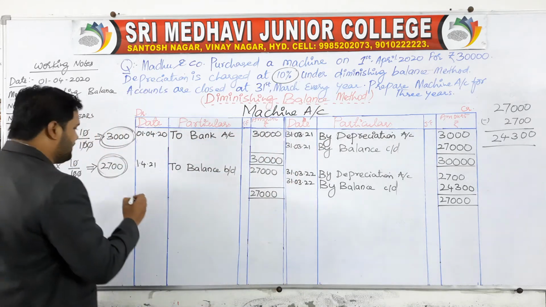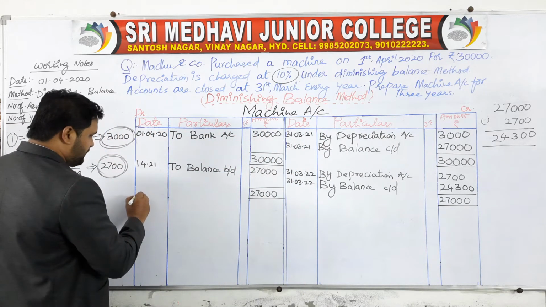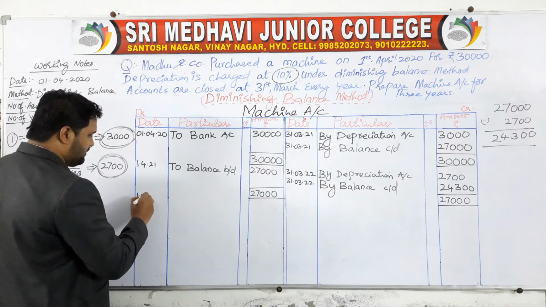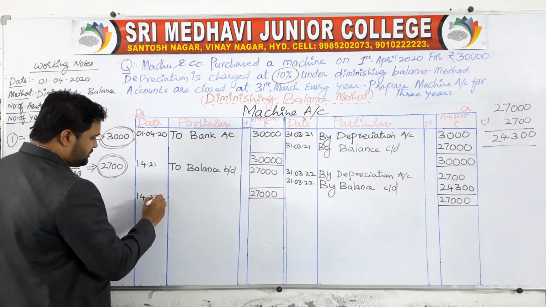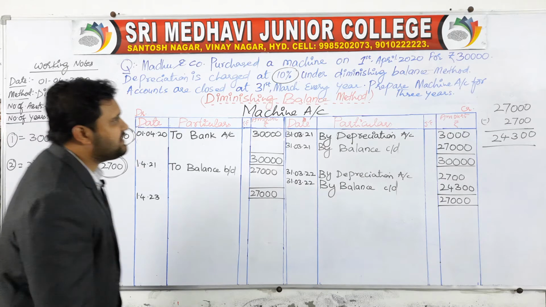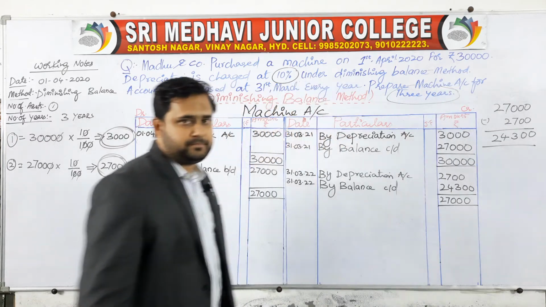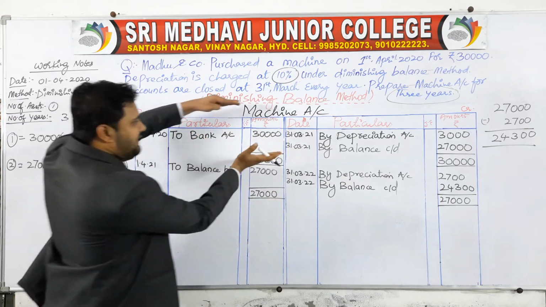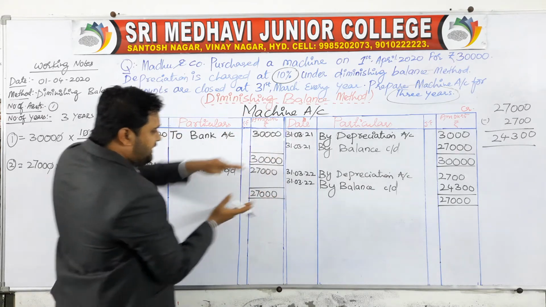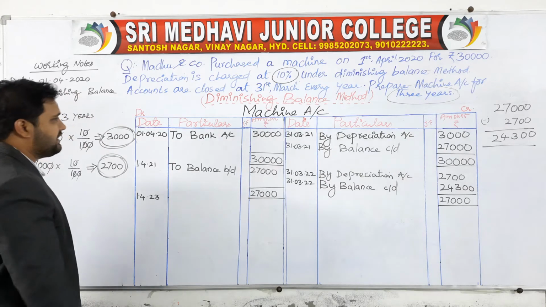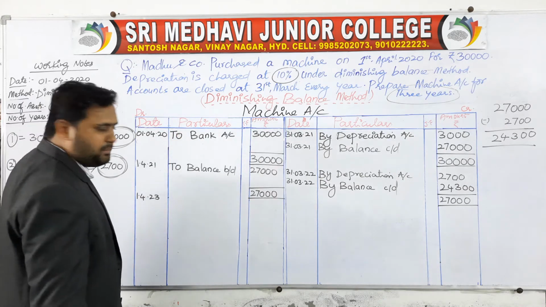Now transfer that value here on 1st April 2023. In the question it has been asked to prepare the machine account for 3 years. So this is the first year calculation, this is the second year, and now this is the last year, the third year calculation of the machine account.